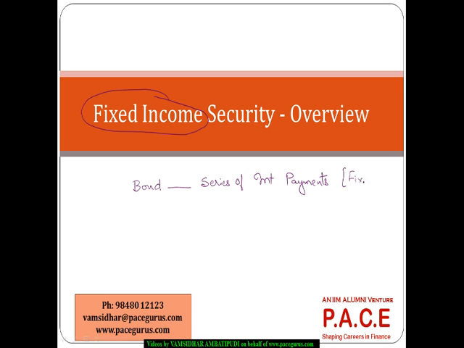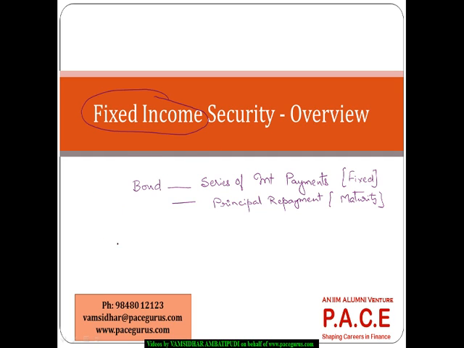In general, it is fixed, though there could be a variation, and there is a principal repayment on a maturity date. A maturity date also is known in advance, and the principal is repaid on that particular maturity date.